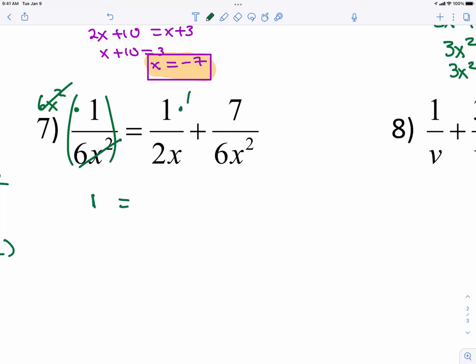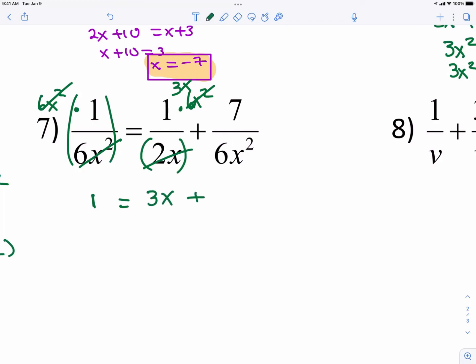We'll multiply this by 6x squared. And what will happen is the 2 will go into the 6 3 times, and the x can go into that x squared, and that will leave you with an x there. So you end up with just 3 times x multiplied by 1, and that's 3x.